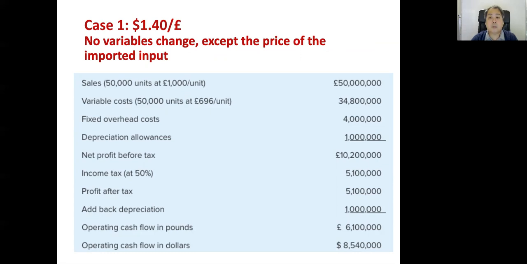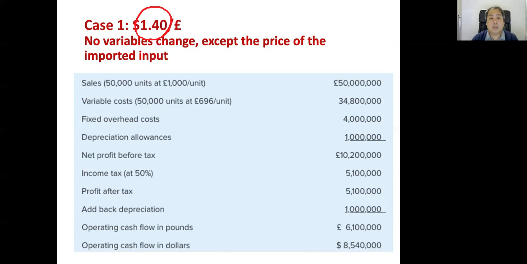So now the unit variable cost of imported sources actually rises if the pound depreciates. Previously the exchange rate was, I believe, 1.6. Now it becomes 1.4 dollars per pound. So the pound becomes depreciated, cheaper.